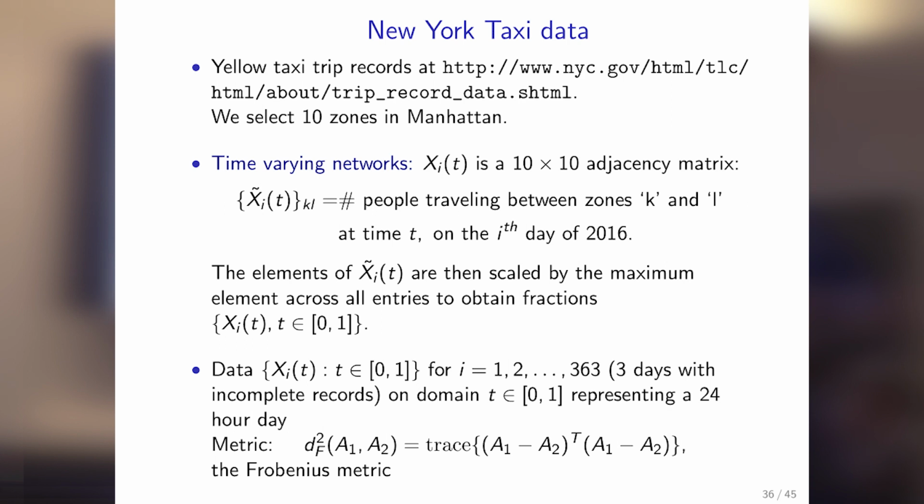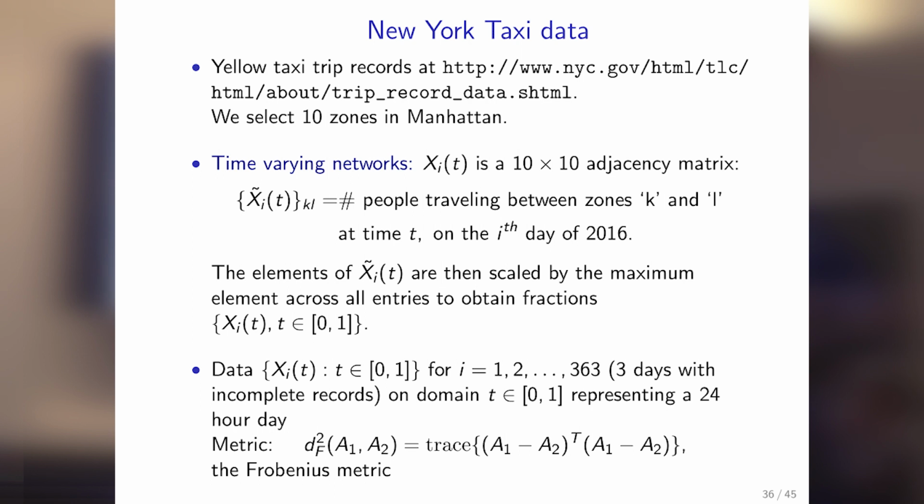This time we have time-varying taxi trip networks. Yellow taxi trip records are available in Manhattan, and it's a very rich data set which is publicly available, and we only consider a very special case of it. So we basically club the zones in Manhattan into 10 broad zones, which are our zones of interest.